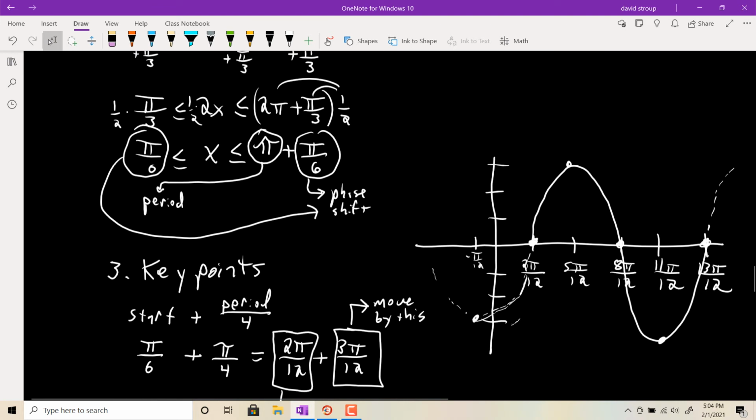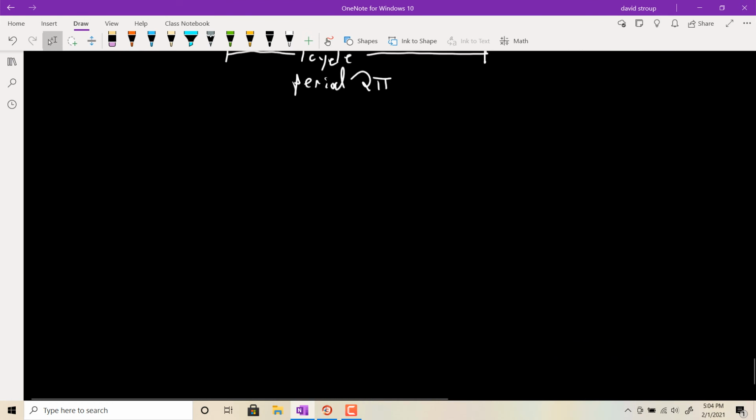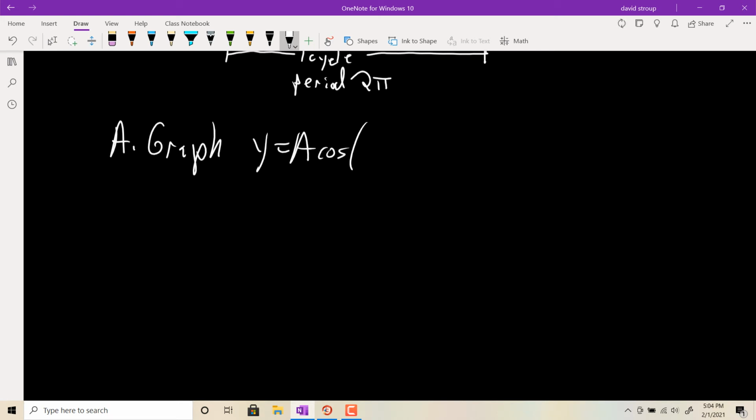It starts at the top and then goes to 0 and then goes down. That's the only thing that's really different. So we can skip right to the punchline and worry about variations, or graphing these ultimate variations. Graph y equals a cosine of bx plus c.